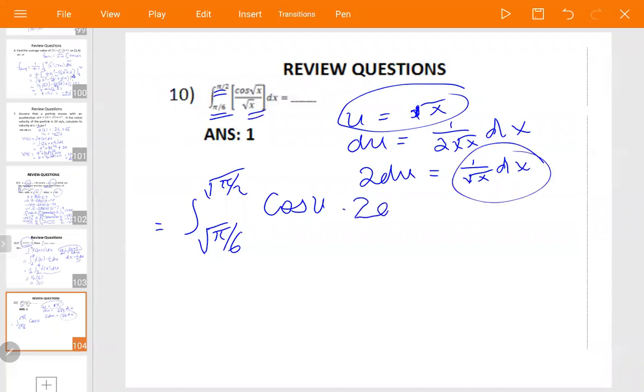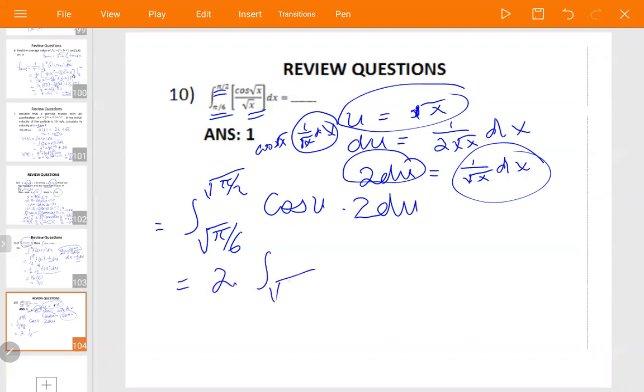It is 2 du, because I can write this as cosine of square root x times 1 over square root x dx. So let's take 2 out.